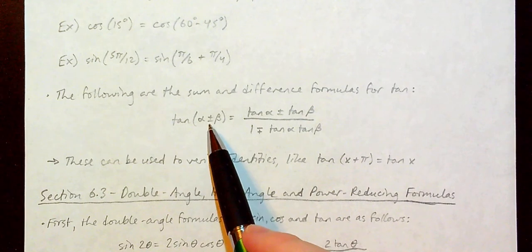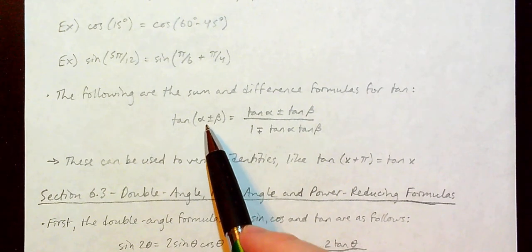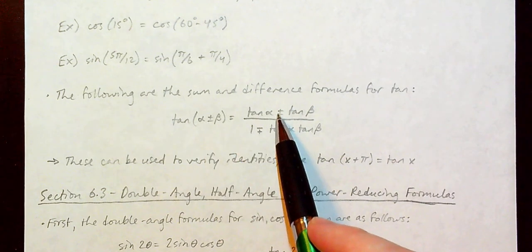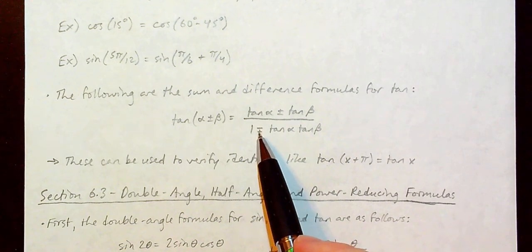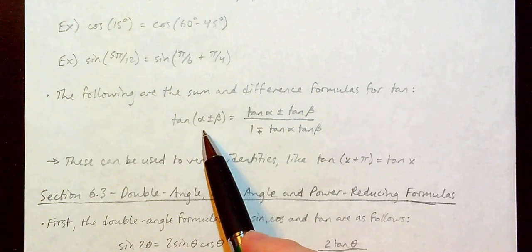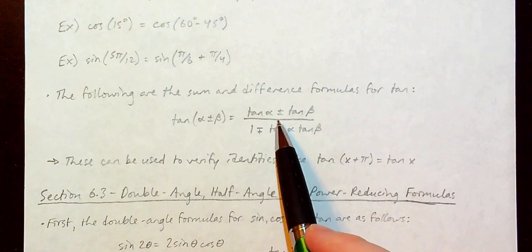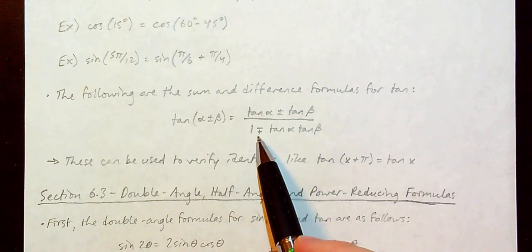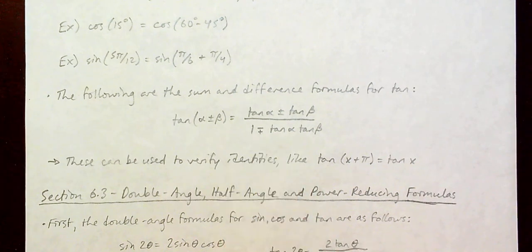If you're doing the sum formula for tangent, on the top you're going to use plus, on the bottom you're going to use minus. If you're doing the difference formula, on the top you're going to use minus, on the bottom you're going to use plus. So, very important to keep those things straight because otherwise that can impact your final answer.